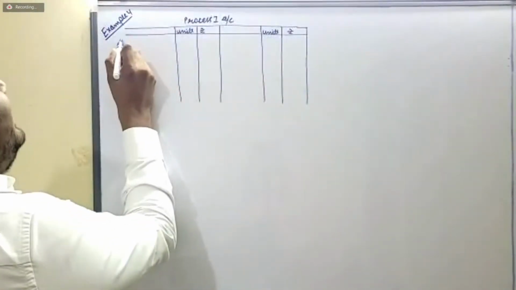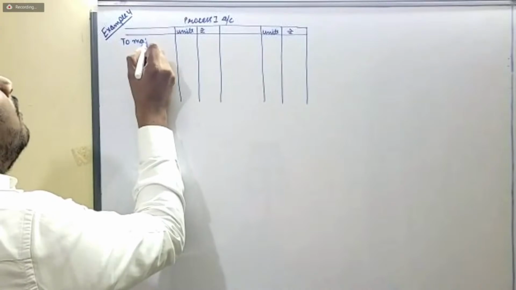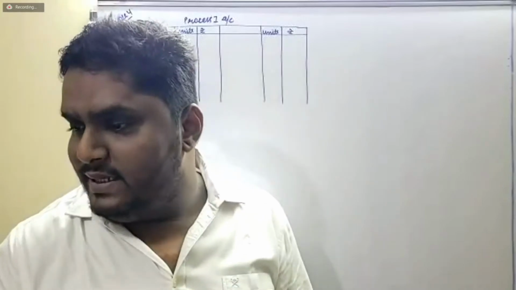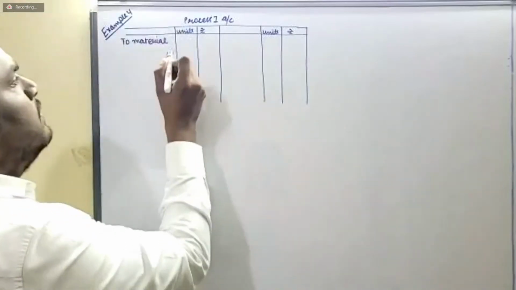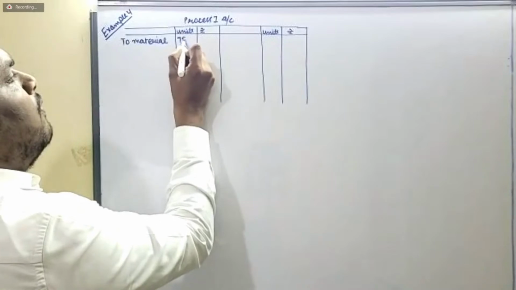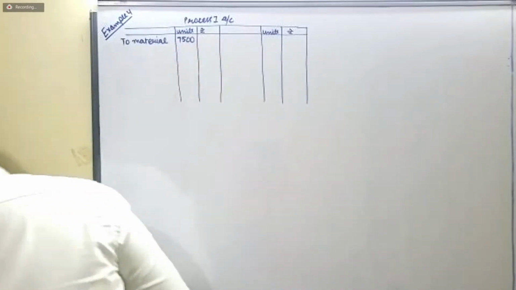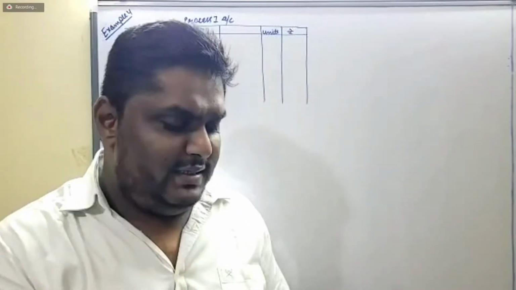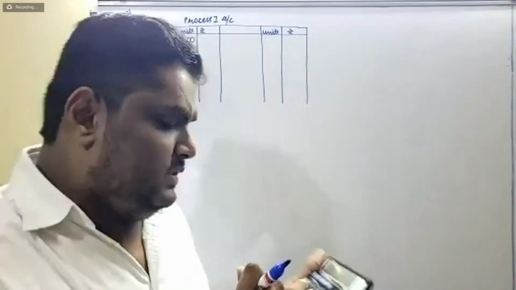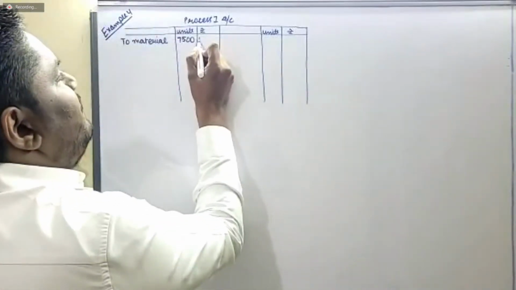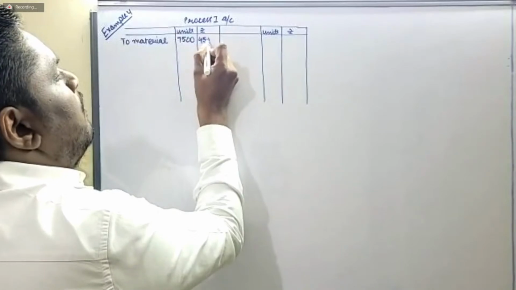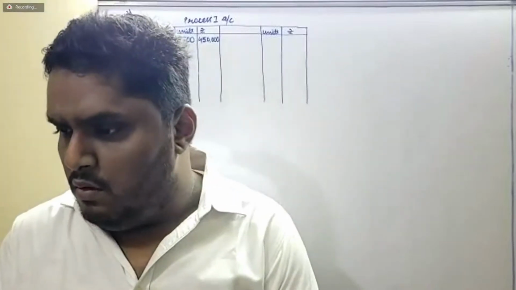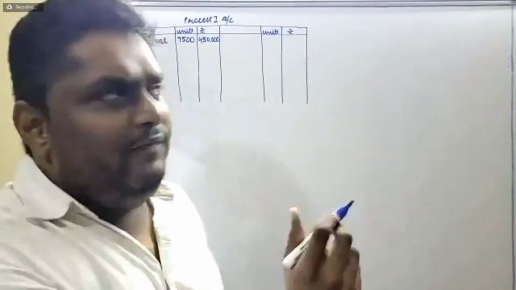So, the material or input is 7,500 units, and the cost per unit of the material is 60. So 7,500 into 60 will be 4,50,000. Further, wages are 135,750.